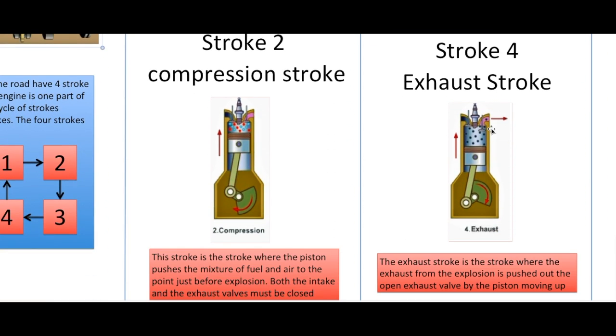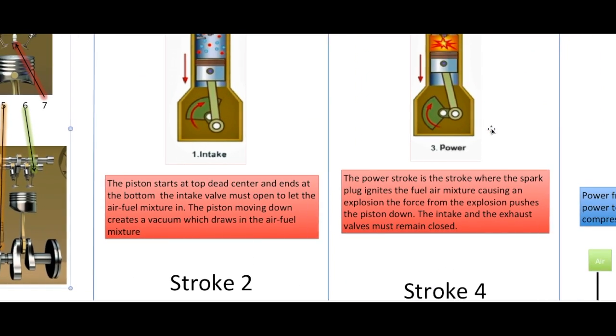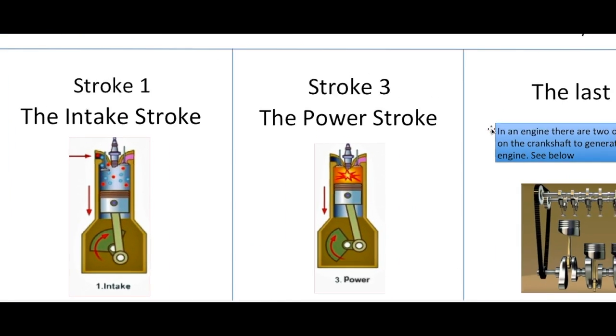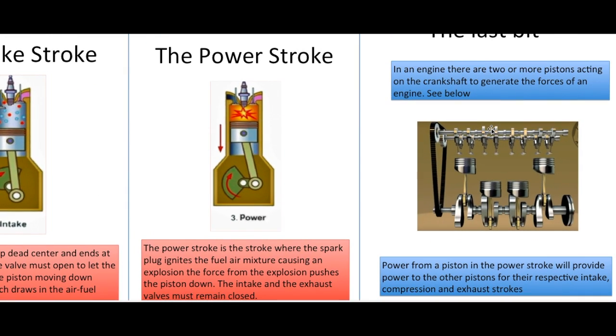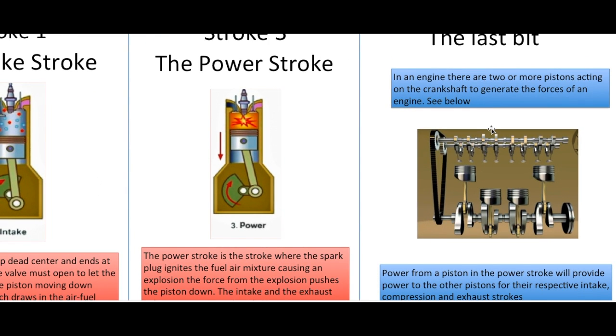Stroke 4, the exhaust stroke. The exhaust stroke is the stroke where the exhaust from the explosion is pushed out the open exhaust valve by the piston moving up. And then here we are at the last bit. In an engine, there are 2 or more pistons because you have to have enough so it can get both the power.